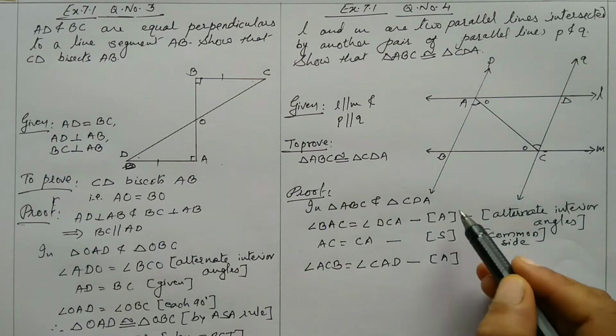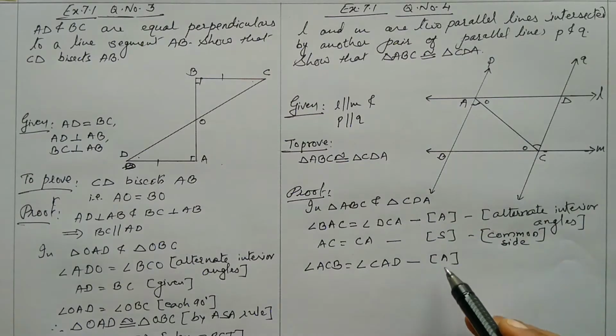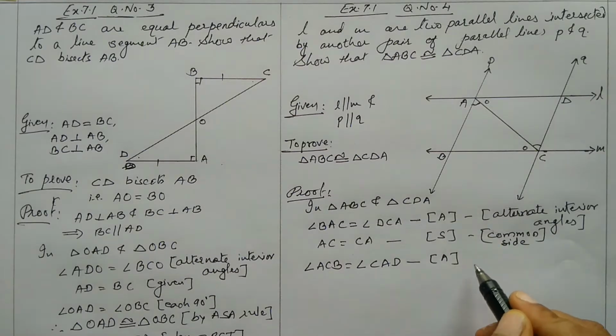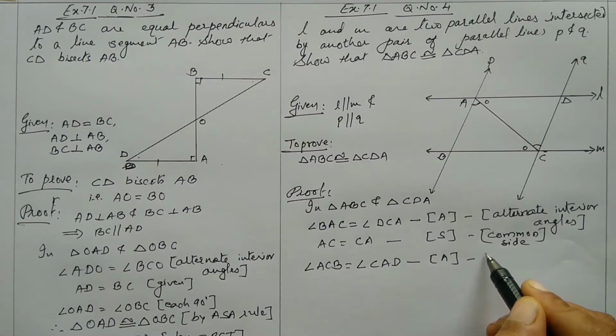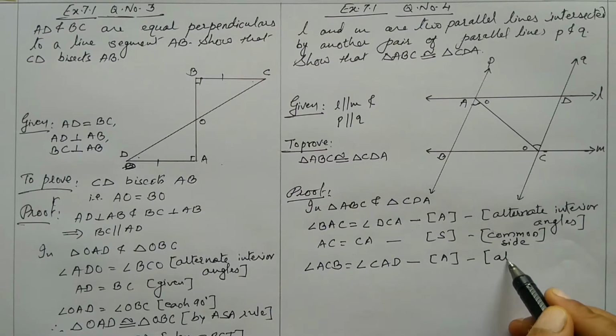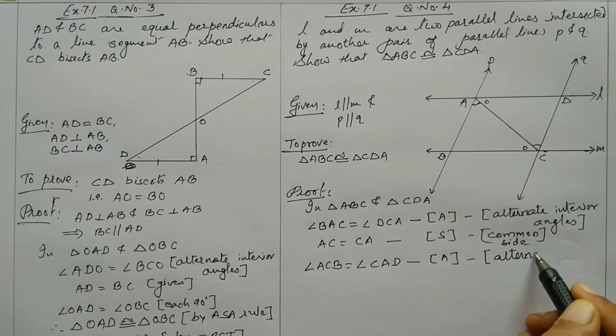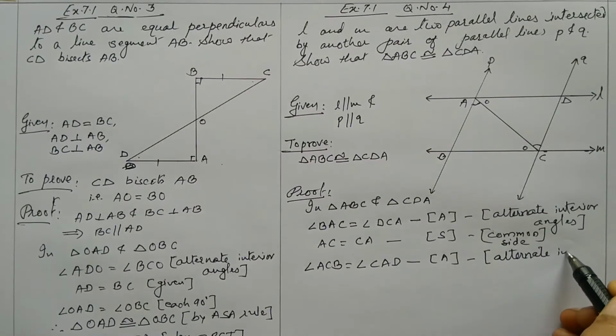So ASA. Okay, this is the way we have to write. It is not compulsory to write this, but if you write, it gives a good impression on the examiner, and he or she can find out easily by which test you have used. So here reason same, alternate interior angles.